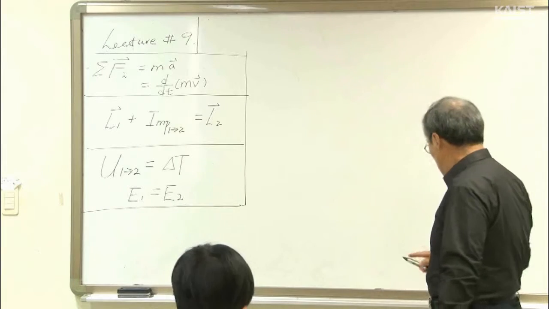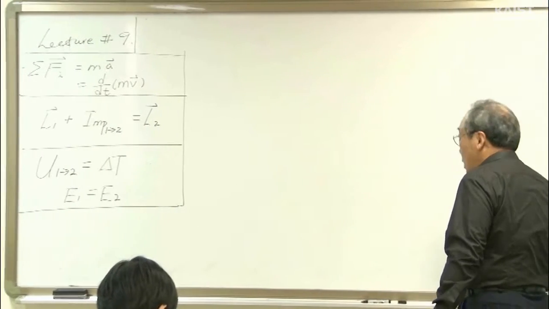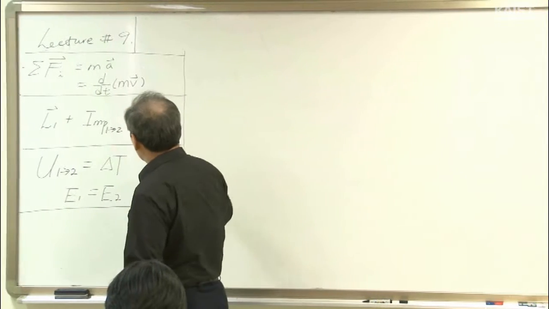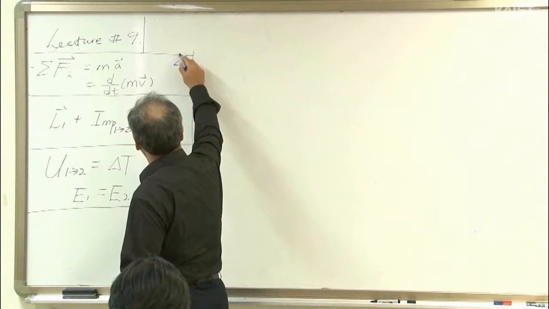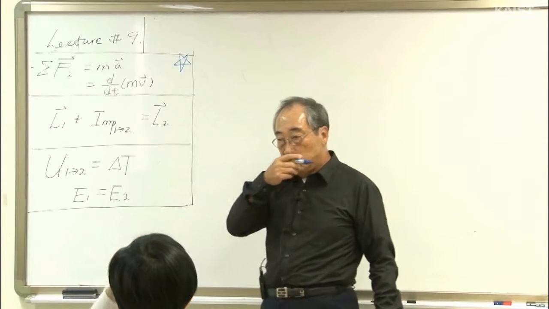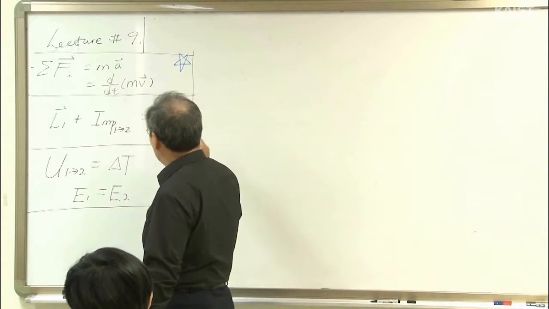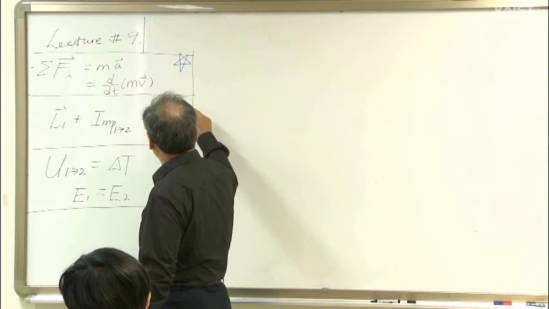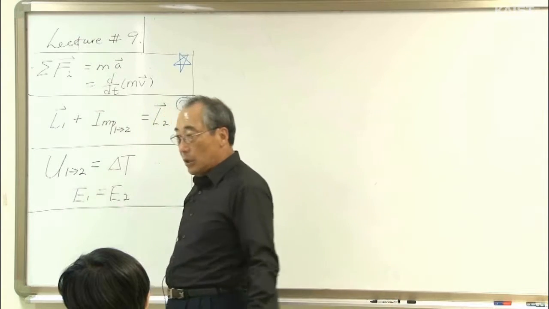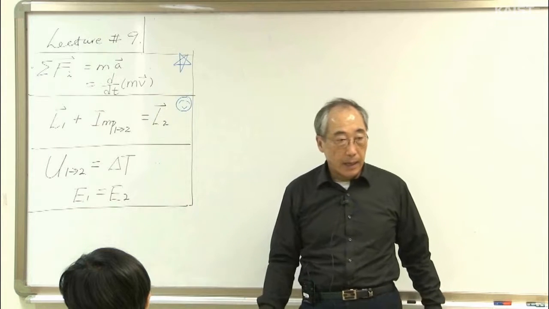Okay, so let me put some symbol on each method. Newton's second law, star. Linear momentum, maybe I put moon, which is smiling.